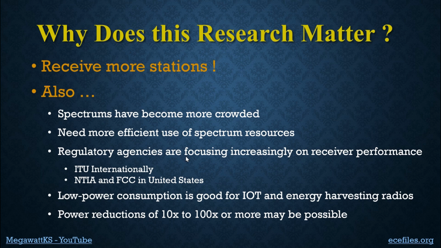Turns out that the regulatory agencies, the International Telecommunications Union internationally, and the Federal Communications Commission in the United States, and NTIA also, are starting to care about receiver performance because it's being recognized that this intermod problem, these problems we're talking about, are what's controlling how well you can use spectrum resources.